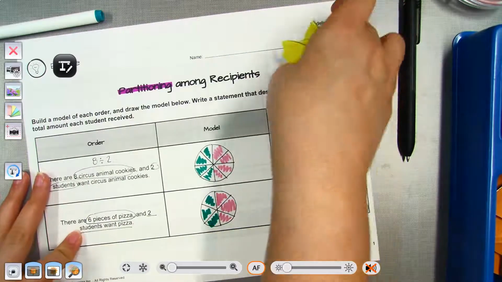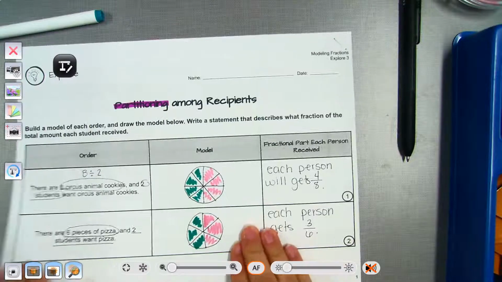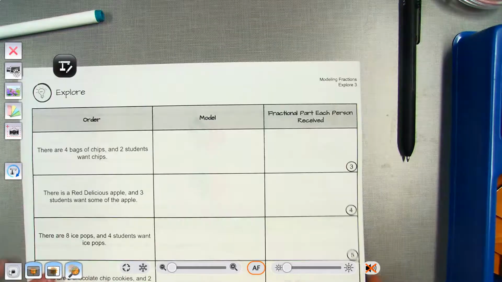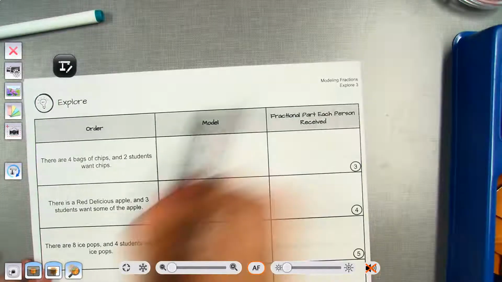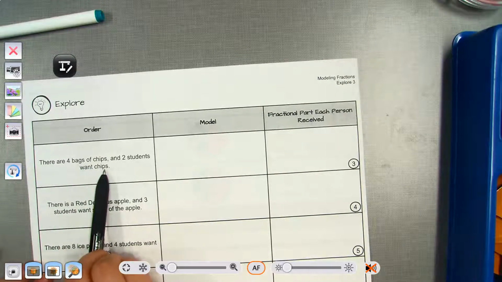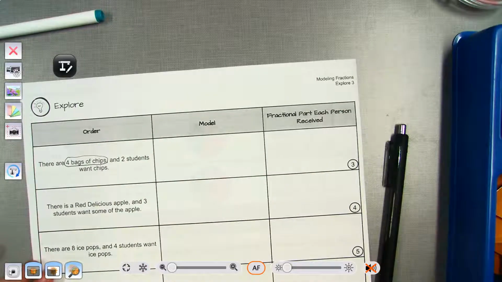Let's try another one. There are 4 bags of chips. 2 students want chips. So 4 bags, so you need your fraction circle that has 4 pieces.